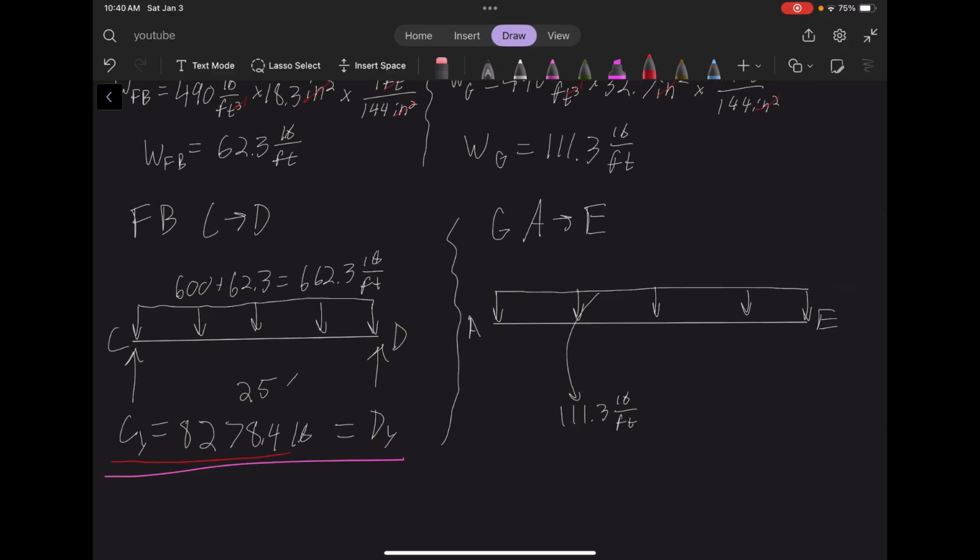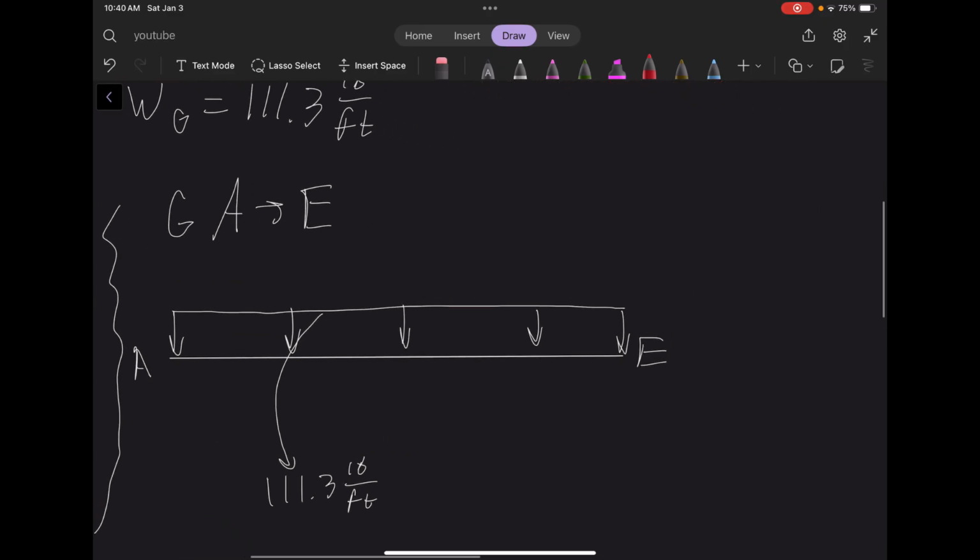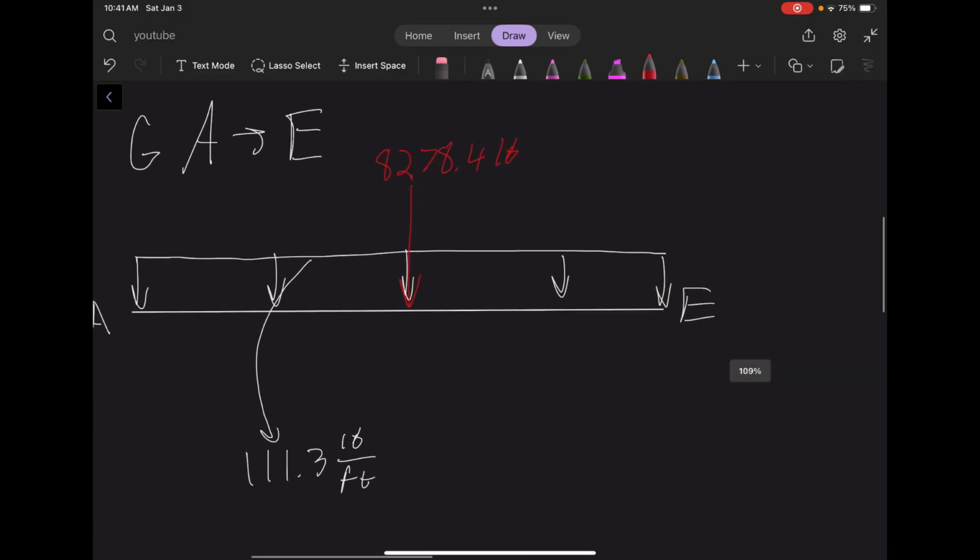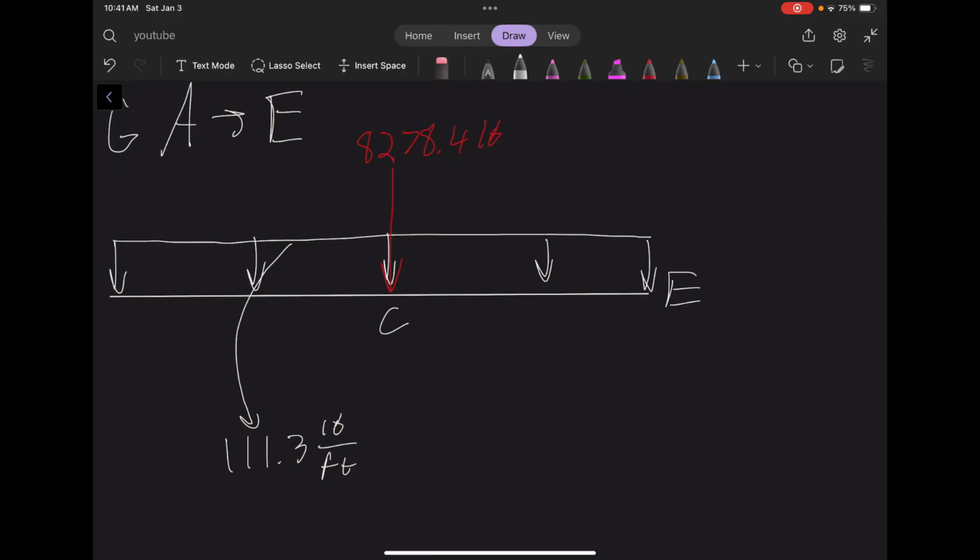So that's where our reaction is going to be here. This reaction is going to be 8278.4 pounds. But okay, cool. We have one force coming down from point C.